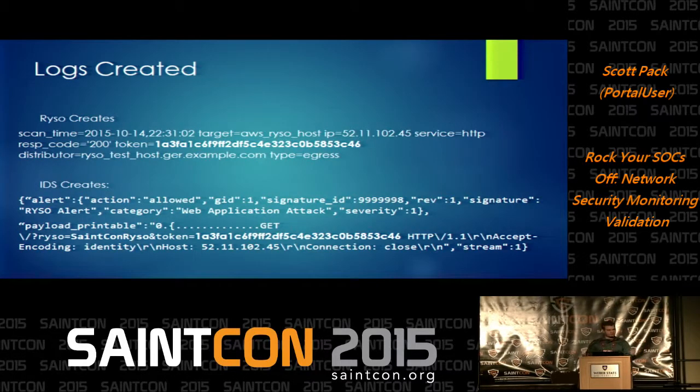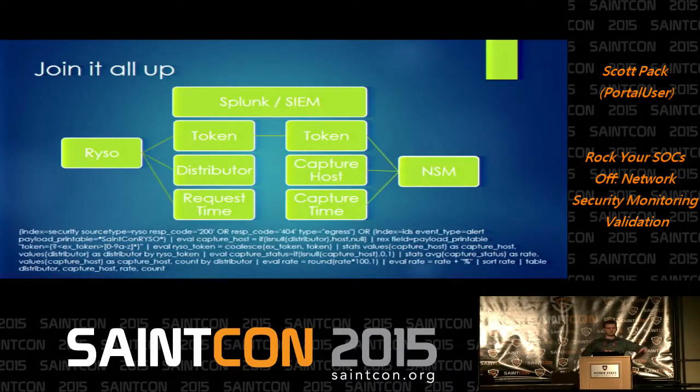So the next part here, you'll probably already guess, is you join it all together. You need to take the inputs from your Riso log, combine it with the results of your IDS event, and stick them together to see what you found and what you didn't.